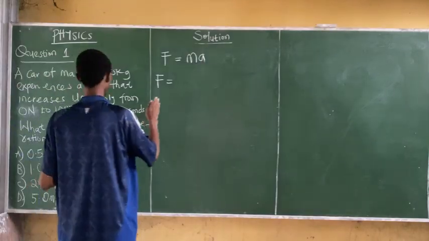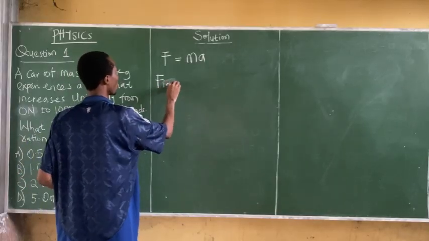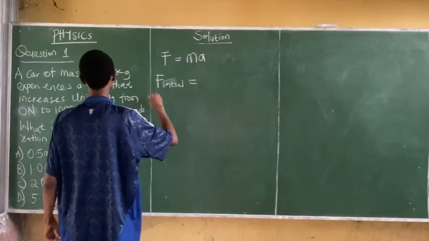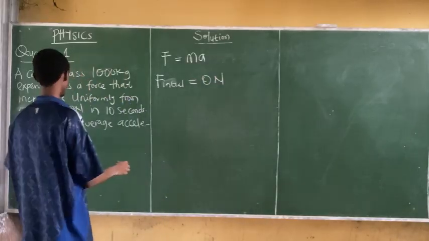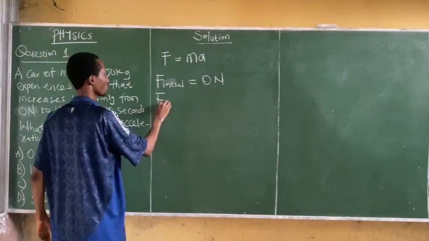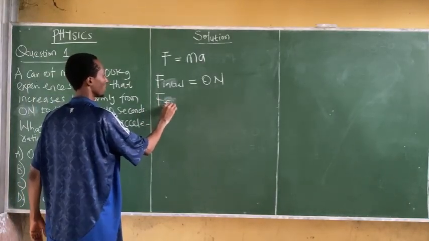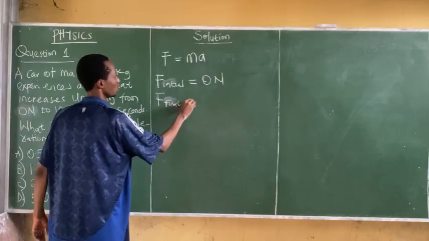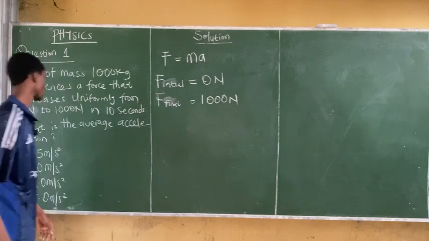Now we have two forces here. The first force becomes the initial force, which is equal to 0 newton. We have another force here, 1000. This becomes our final force, F final, which is equal to 1000 newtons.